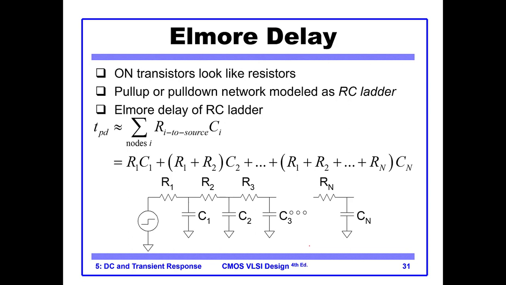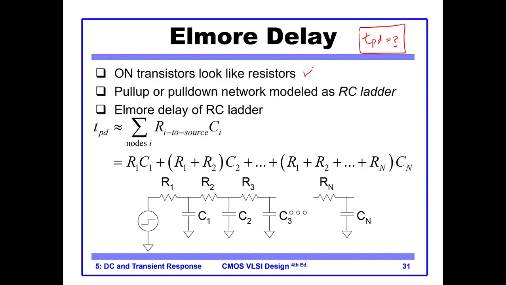Now our goal is to calculate the propagation delay, and before we can do that, we can use something for delay calculation that is called Elmore delay. All the on transistors look like resistors.